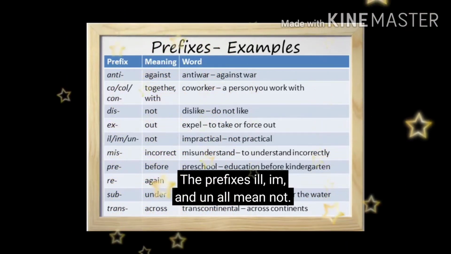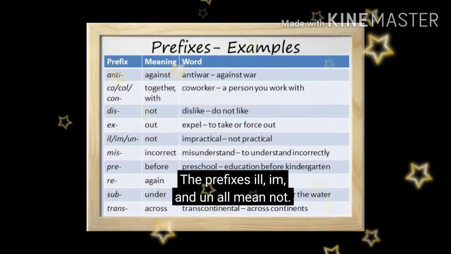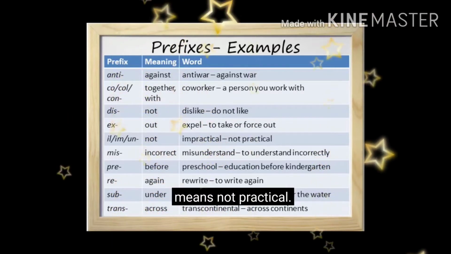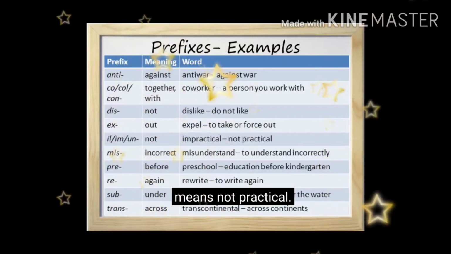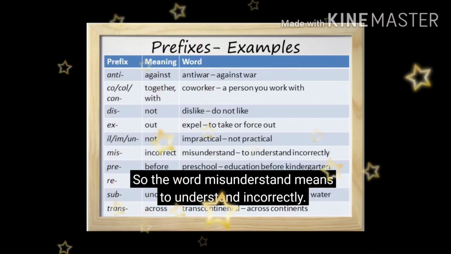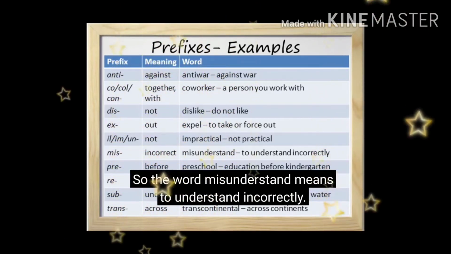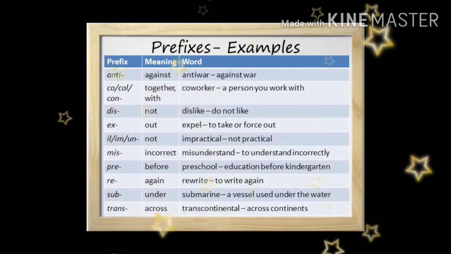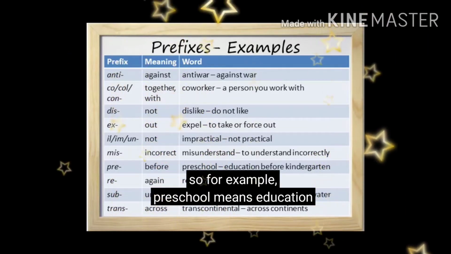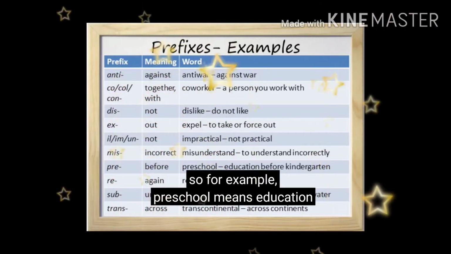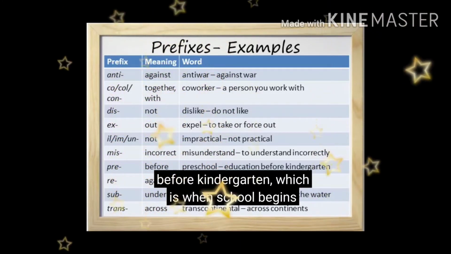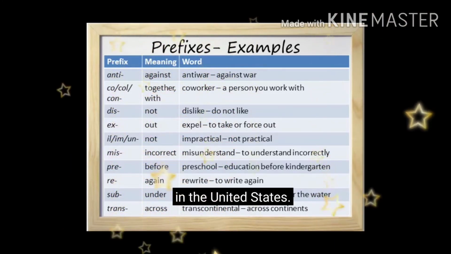The prefixes il, im, and un all mean not. So the word impractical means not practical. The prefix mis means incorrect, so the word misunderstand means to understand incorrectly. The prefix pre means before. For example, preschool means education before kindergarten, which is when school begins in the United States.